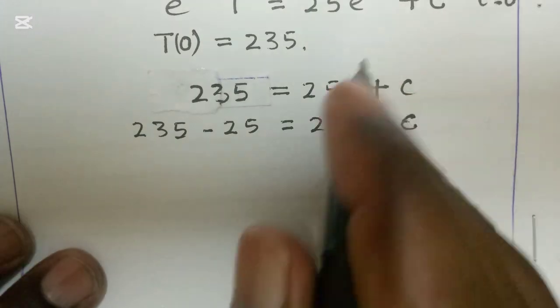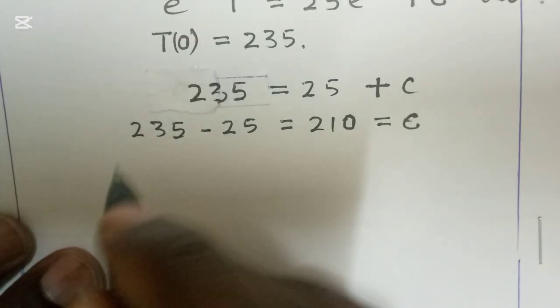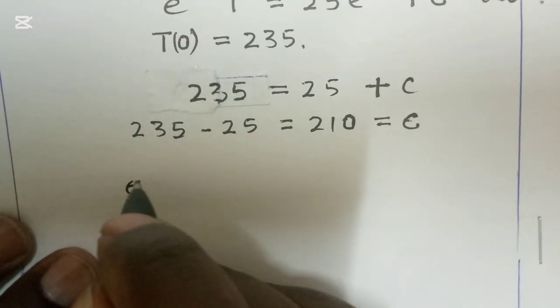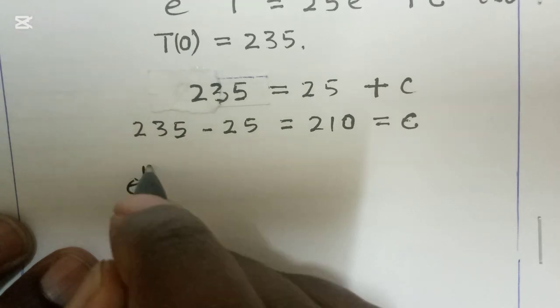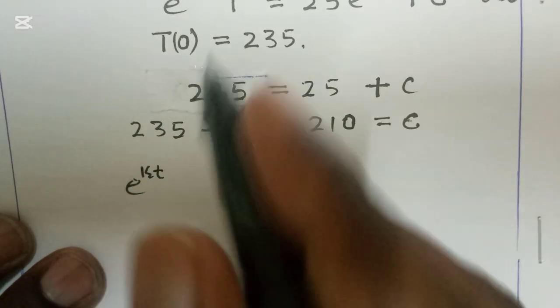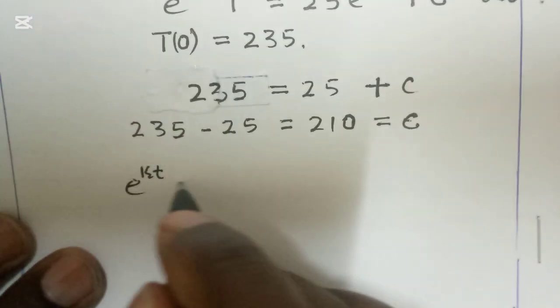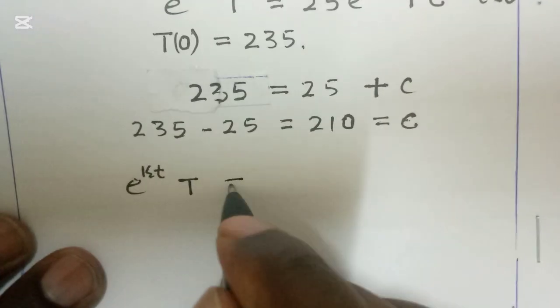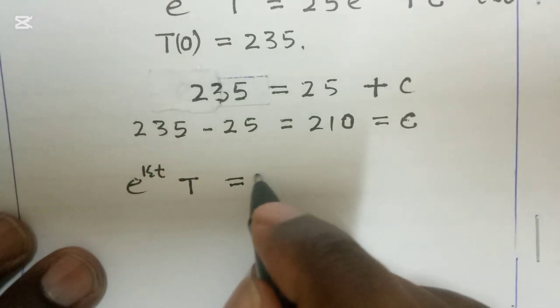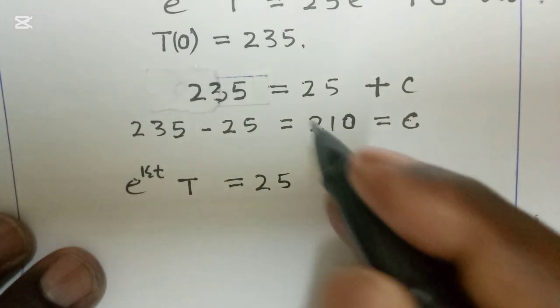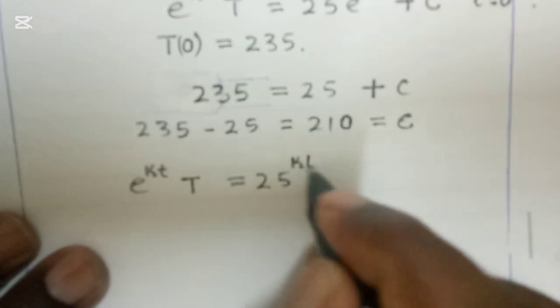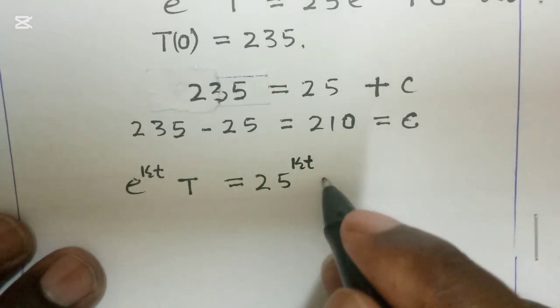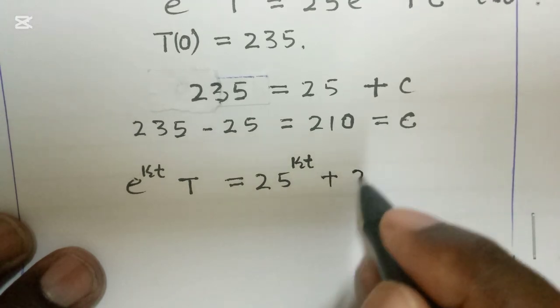So our equation then is going to be equal to e^kt. This is the equation. Then we have T there. It's equal to 25 e^kt plus now 210.